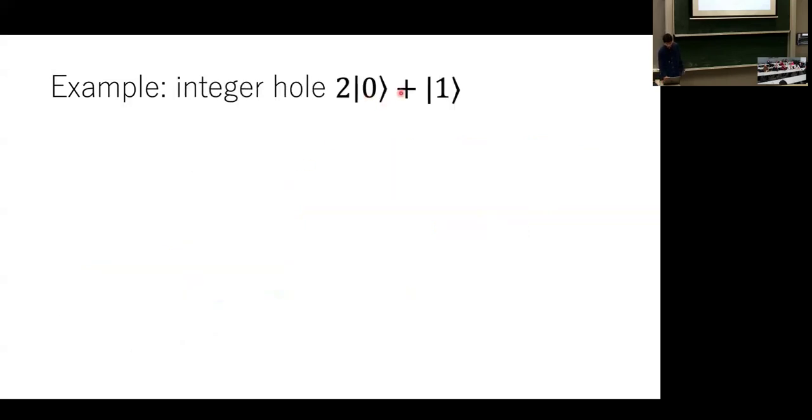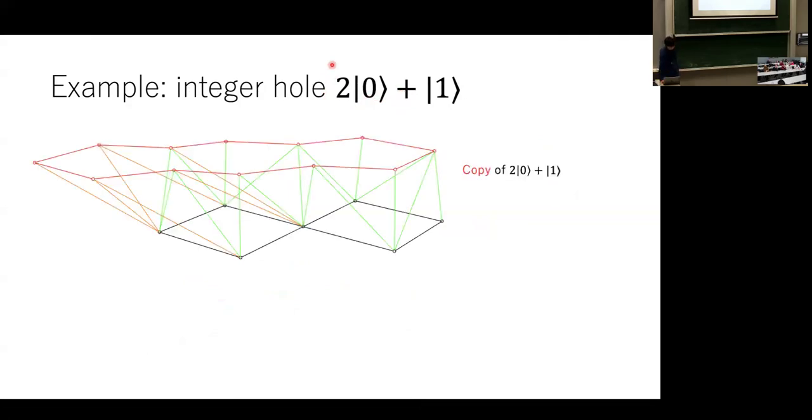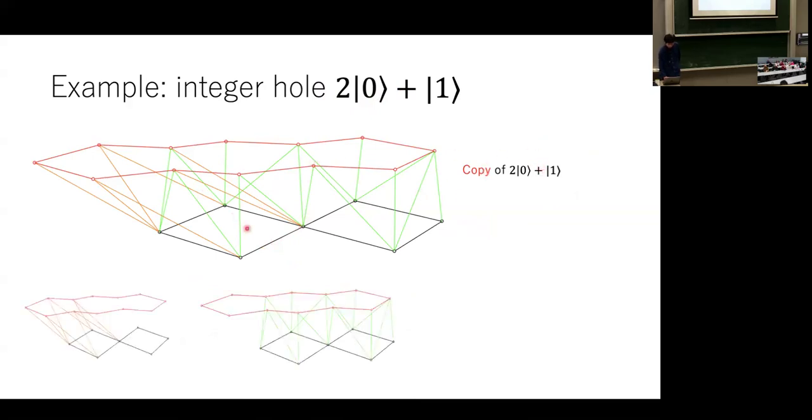I have said that the construction can be applied for any integer states. So maybe we can consider this kind of state. How do you do this? The strategy is similar. You first copy this hole. This construction can be decomposed as a combination of those two decompositions.